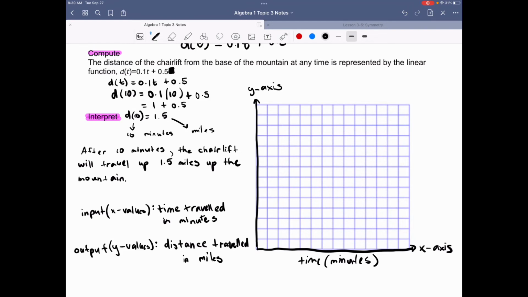And now it'll be a little hard to label the y-axis unless you turn the page over, and we can label that as distance, which is miles. Remember that our formula or linear function was d of t equals 0.1 t plus 0.5.